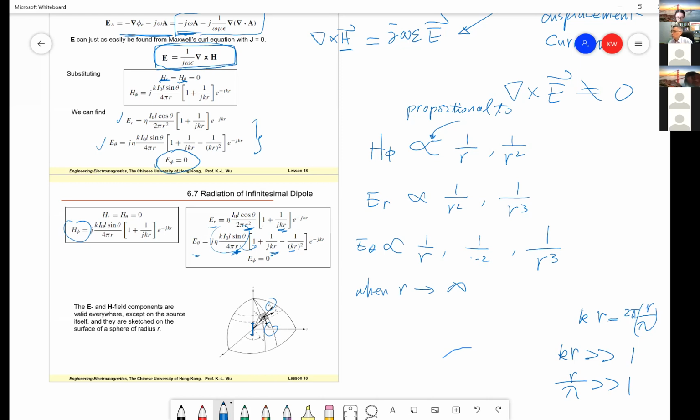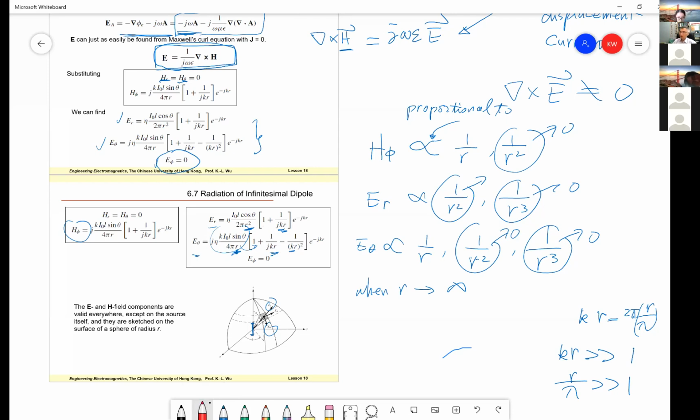this term goes to 0 much faster. This goes to 0, this goes to 0, this goes to 0. What is left?